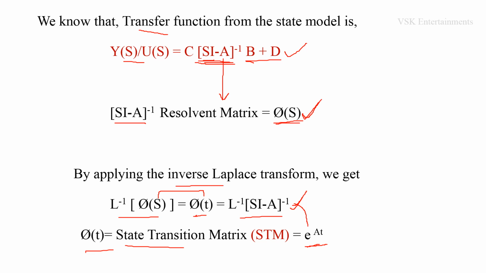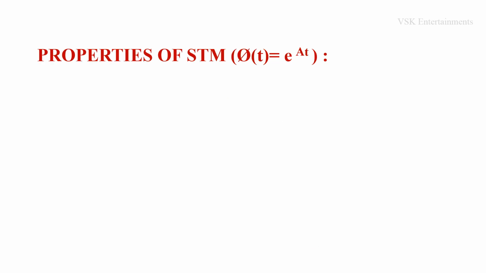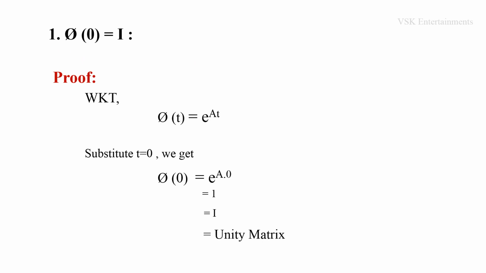Very simple concept. Now consider the properties of the STM, that is, the properties of the state transition matrix. This matrix mainly consists of 5 properties. Very simple concepts, very simple derivations. Coming to the first property, phi of 0 is equal to the unity matrix. Coming to the derivation, we know the state transition matrix expression, that is phi of t is equal to e power At.